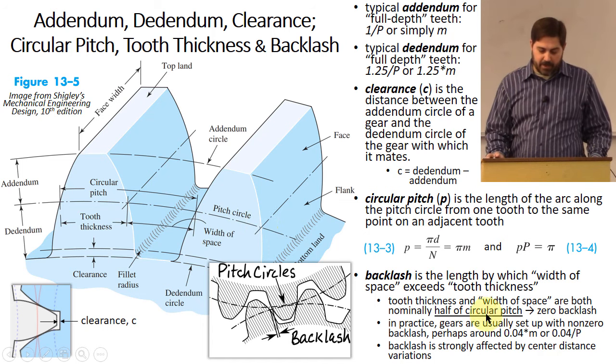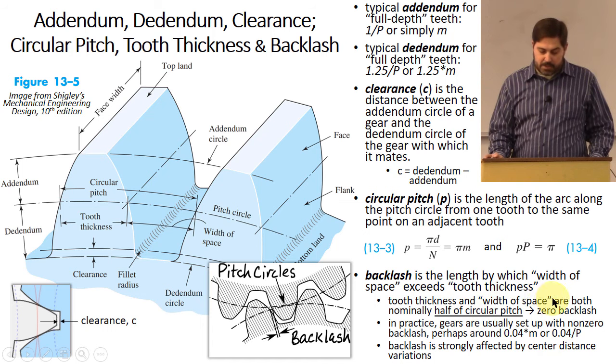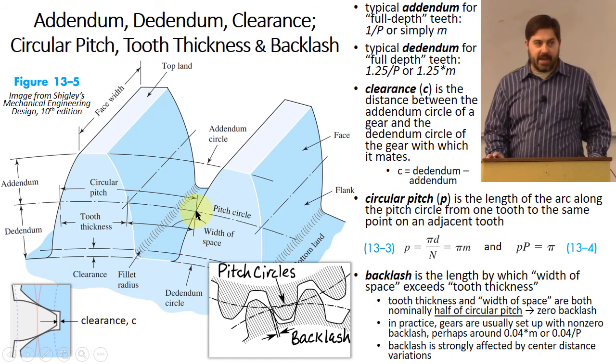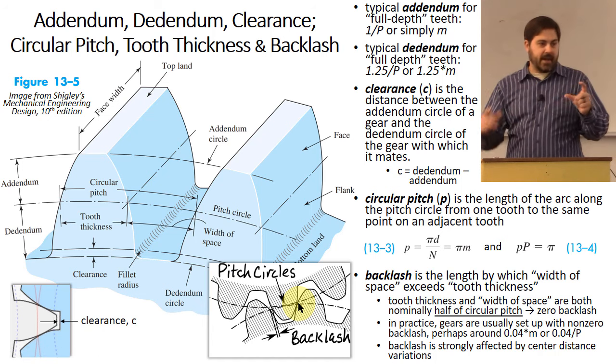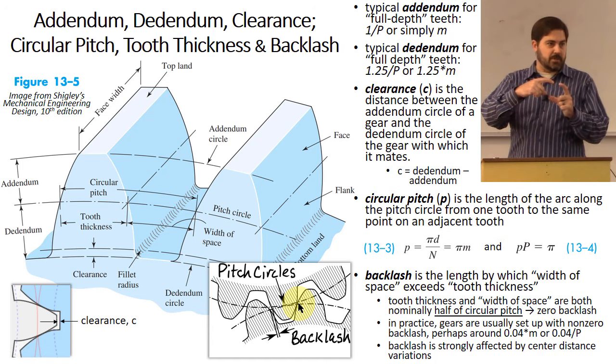So this little point right here says the width of space, that's this area right in here, is nominally about half of the circular pitch. Does that make sense? And then that would be true for the other one as well, and therefore when the two gears mate with each other, you have about the same amount of space for the width of one of the teeth as the amount of space that it needs to go into.